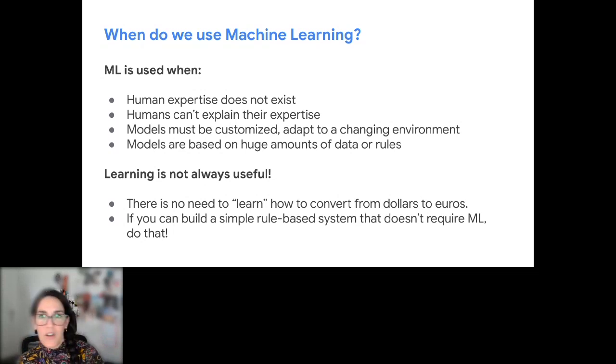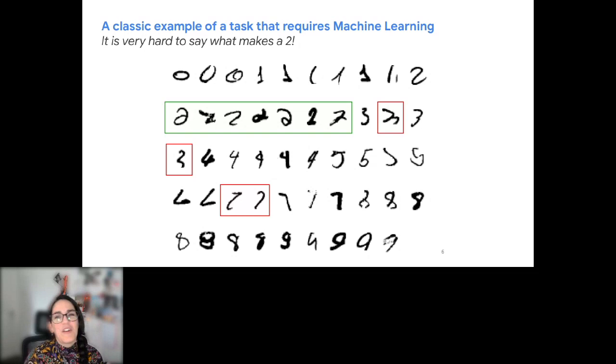So let's have a look at other machine learning applications. This is a very classic example that really requires machine learning, which is identifying handwritten text, right? And in this case, these are numbers.